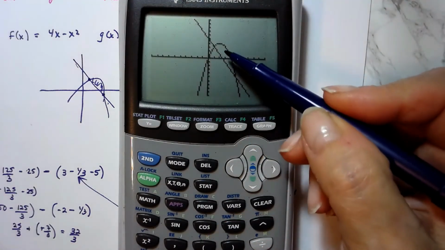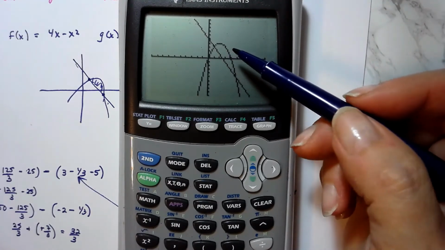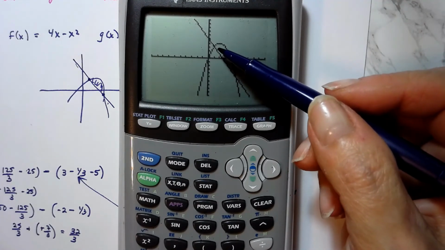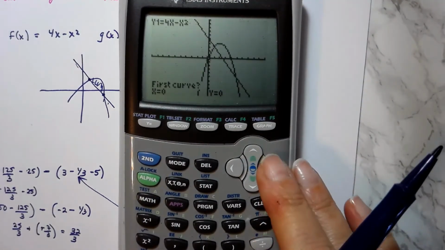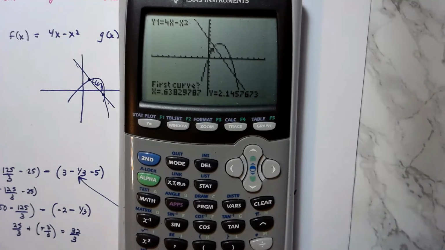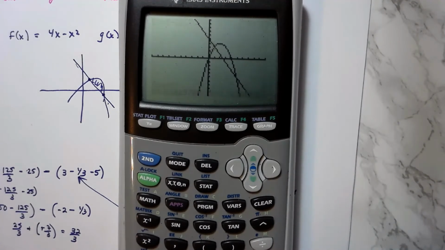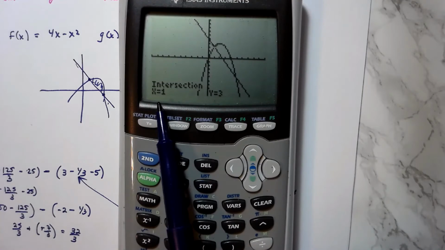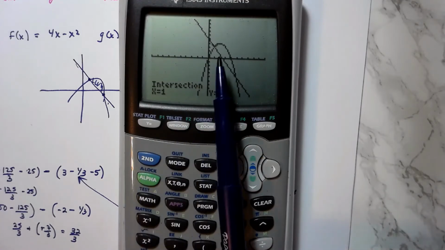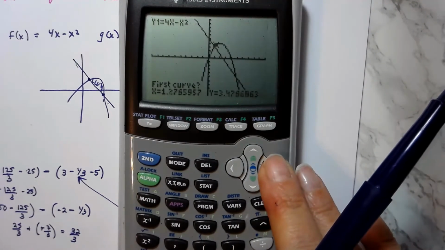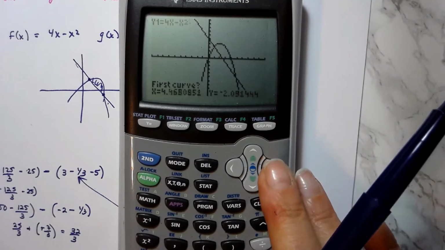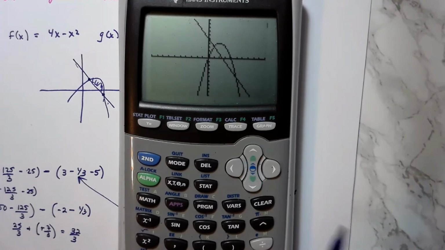This is the region whose area you want, so you're going to go ahead and do second calc 5, which is the intersect feature, and you go close to a point of intersection you're interested in, just hit enter 3 times, and there we get when x is 1, y is 3, so x equals 1 is the first bound. Then you would do it again, second calc 5, and arrow closer to the other point of intersection and do enter, enter, enter, and the other x coordinate is 5. So there's your limits of integration.